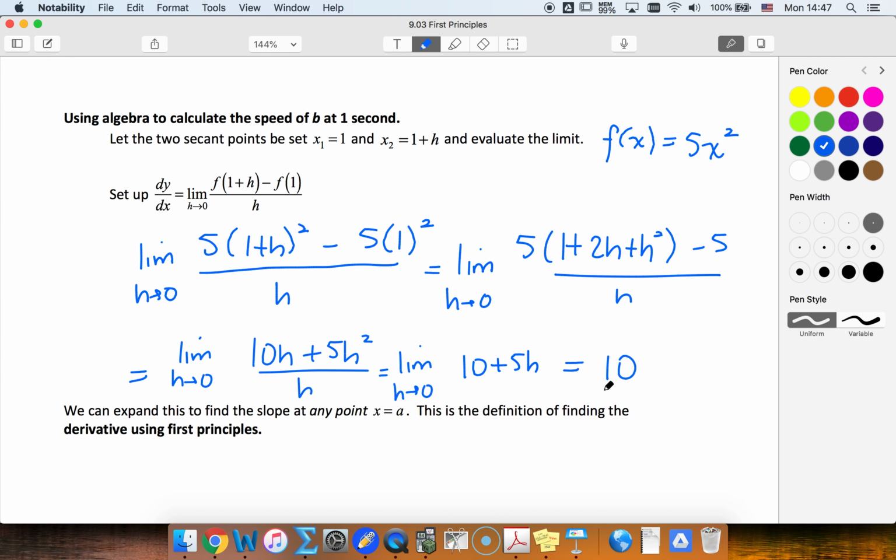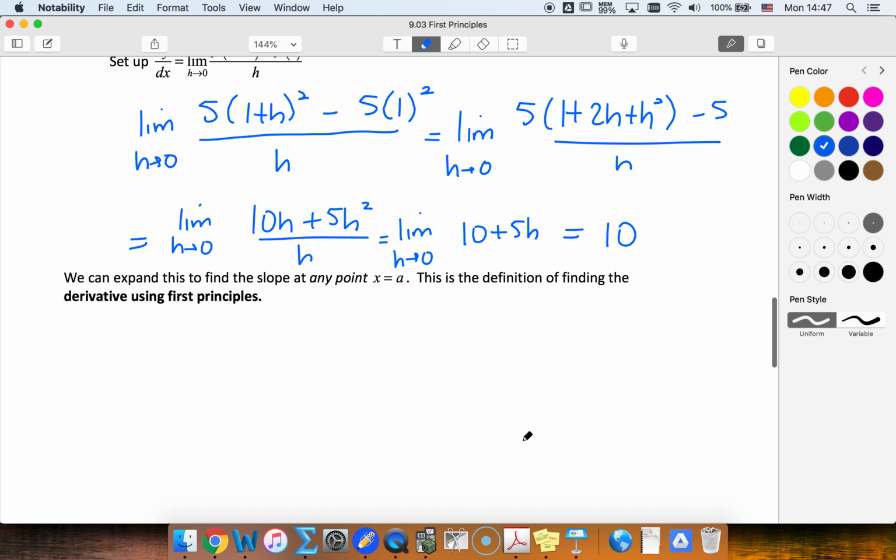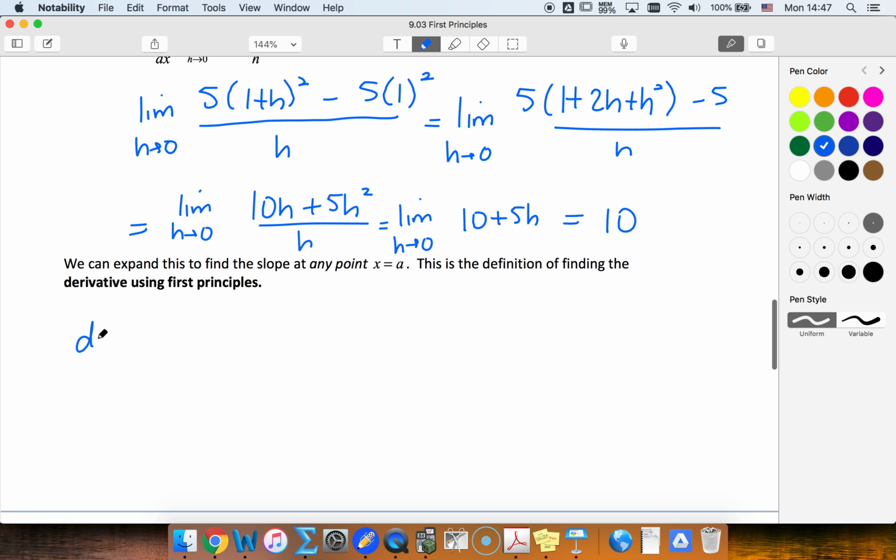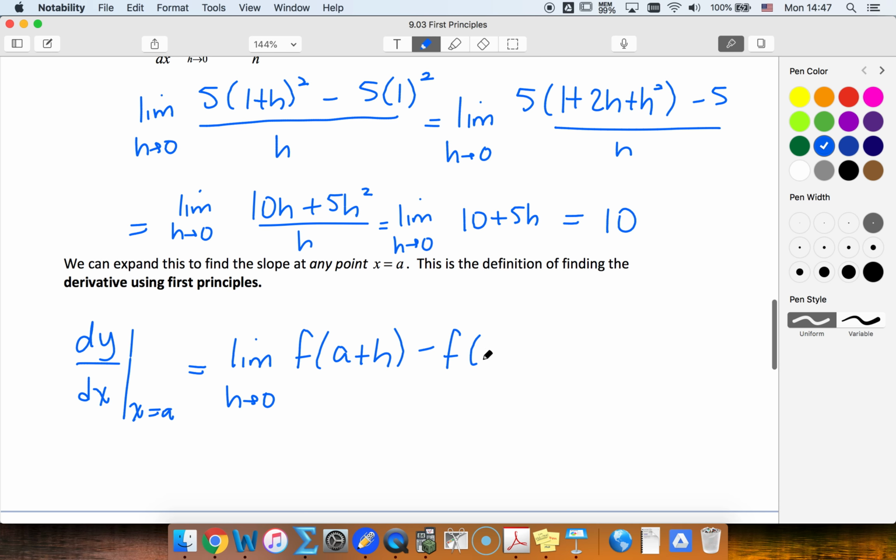So in this case, we were using f of 1 because that was our certain point. We can come back and generalize that to call our x value a. So here our x was 1. That's where we wanted to evaluate at 1 second. But if we let x equal a, then our slope of the tangent at x equals a is going to be the limit as h approaches 0 of f of a plus h minus f of a.